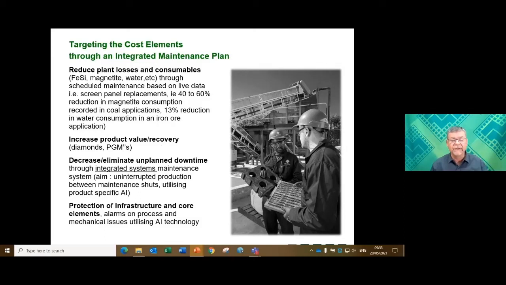When plants are running at effective revenues of anything between 200 and 400,000 US dollars per hour, it's not very difficult to understand the value of introducing these elements to help manage the process.